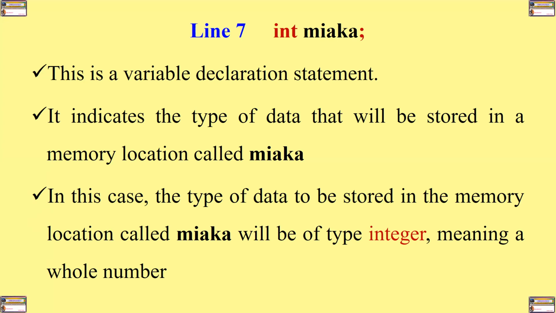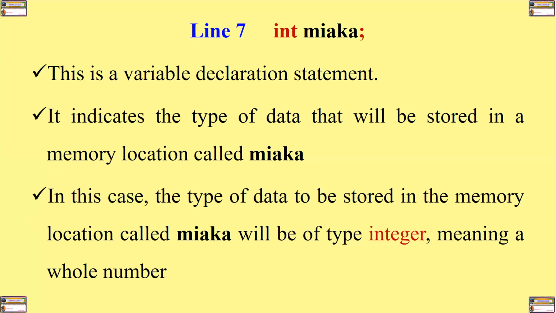What this means, my dear students and the rest of the learners, is that what the compiler is interested in is not the name that you give to your memory location or variable. What it needs to know is the type of data that is going to be held in a certain memory location, so that it is able to set aside adequate memory to hold that value.